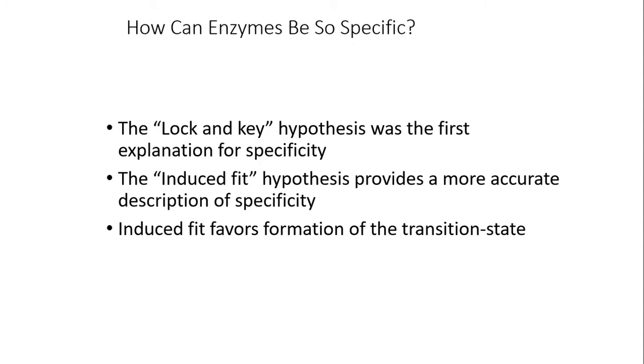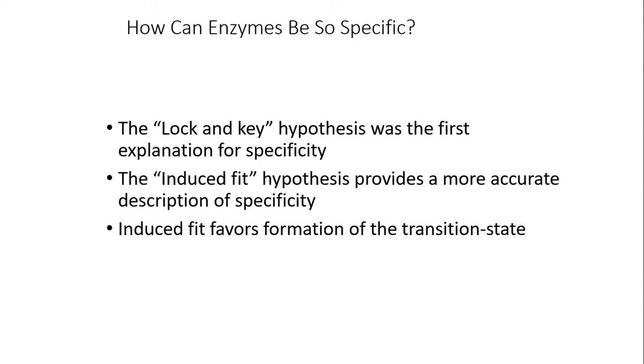And in this model, both the enzyme and the substrate possess specific complementary geometric shapes that fit exactly into one another. So while this explains enzyme specificity, it doesn't explain the stabilization of the transition state that has been observed and is achieved in that enzyme catalyzed reaction.